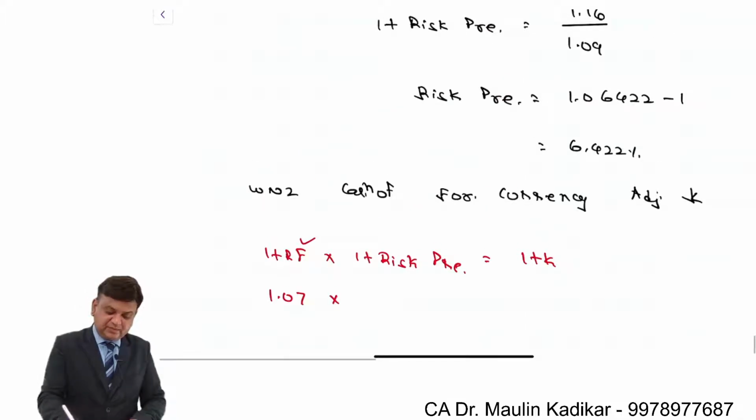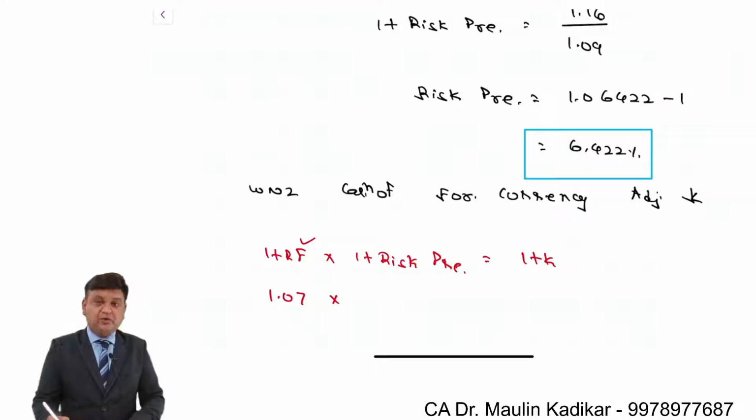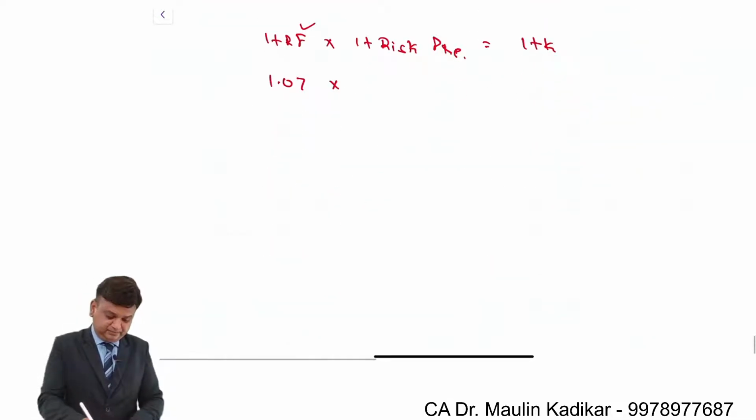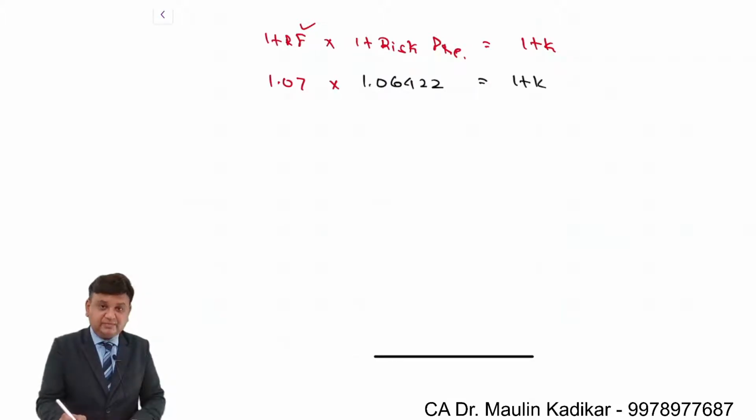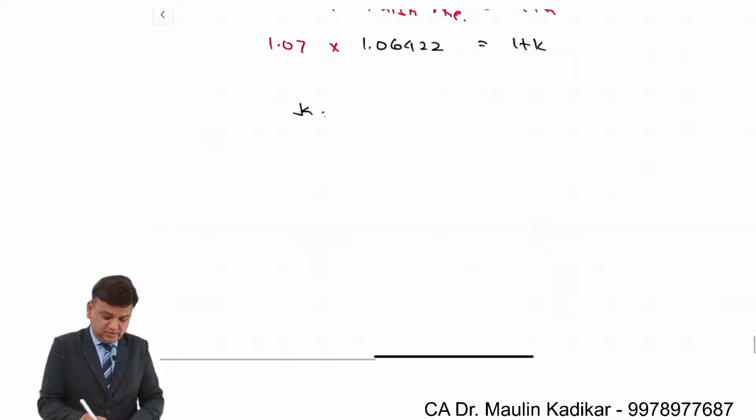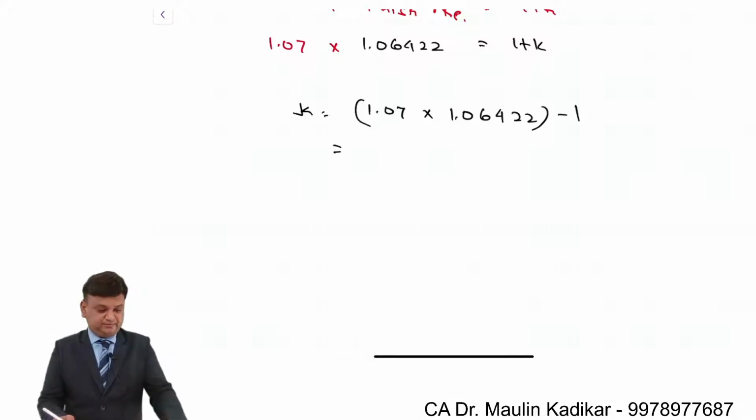Importantly, the risk premium of the project is going to remain same. That is 6.422%. 1.06422 is equal to 1 plus K. So K is equal to 1.07 into 1.06422, whatever the answer that we have, minus 1.